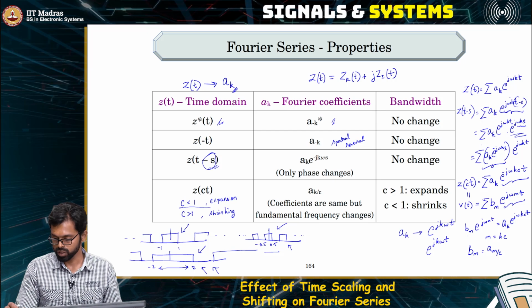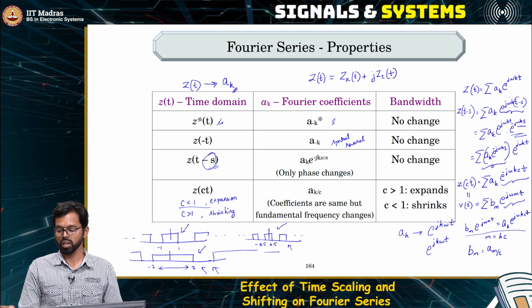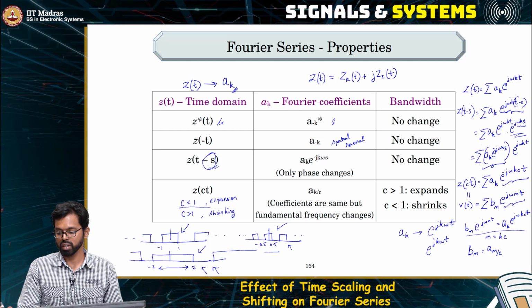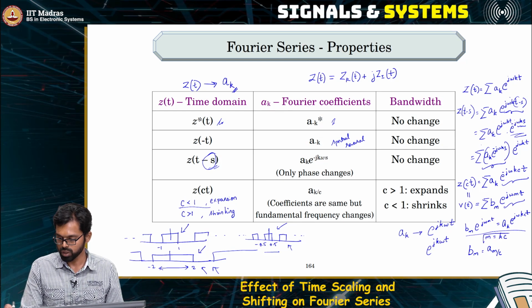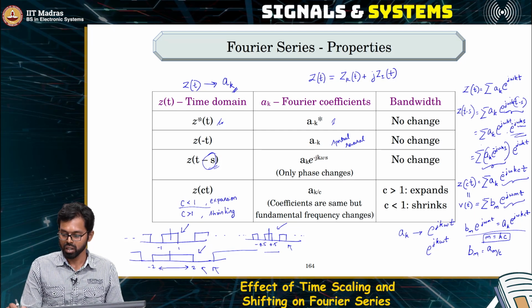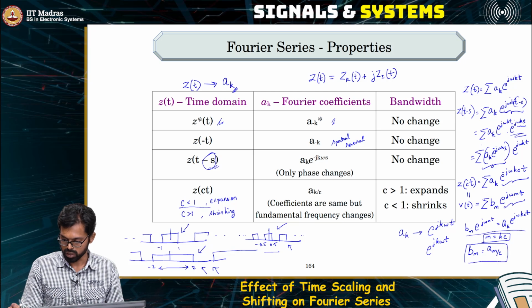So, if this is true, then for what value of k is this true? The value of k for which this is true is such that m is equal to k by c. So, k is equal to m by c. So, then we get this relationship.